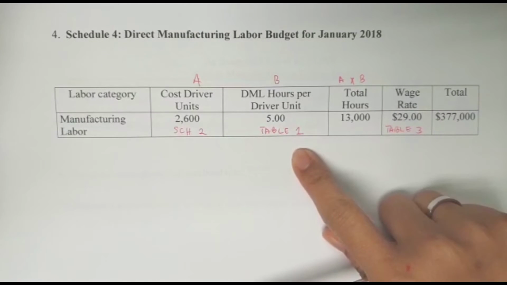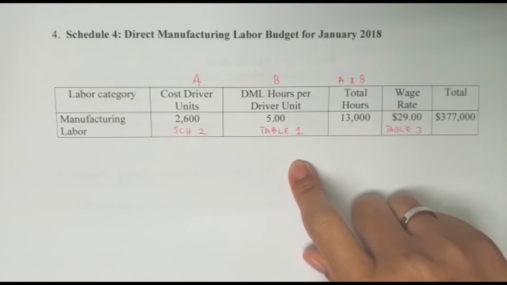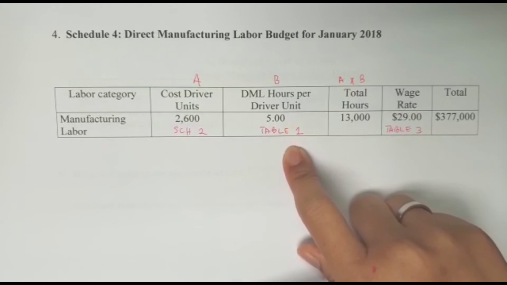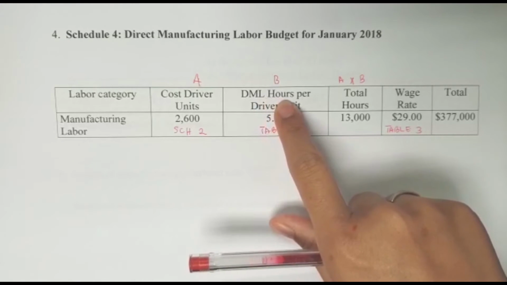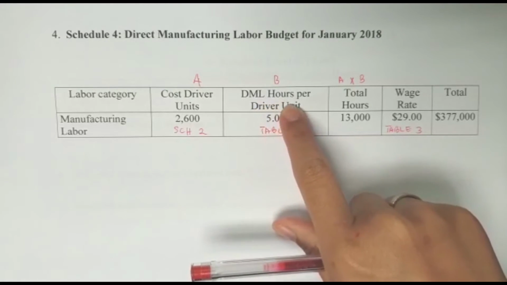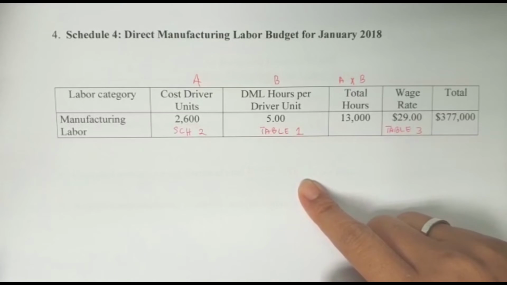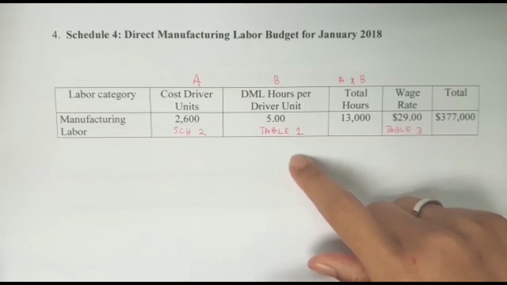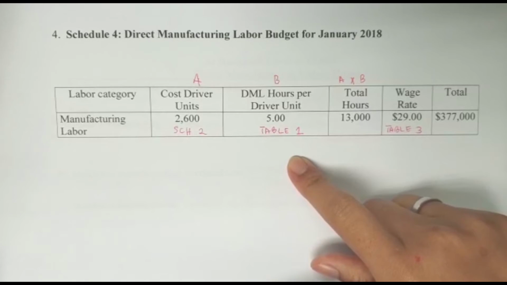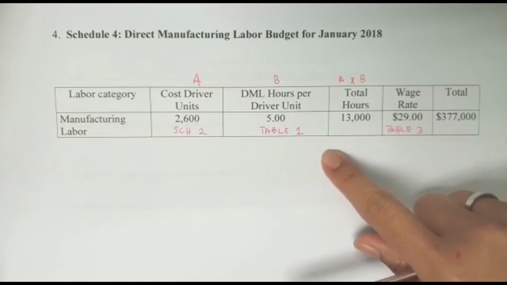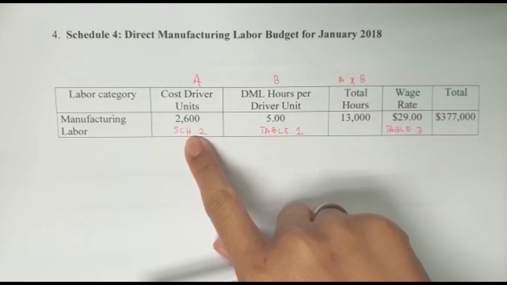So we also have to know how much the company has to pay for direct manufacturing labor hours per driver unit. It's about 5 hours per snowboard. So the quantity is 2,600.